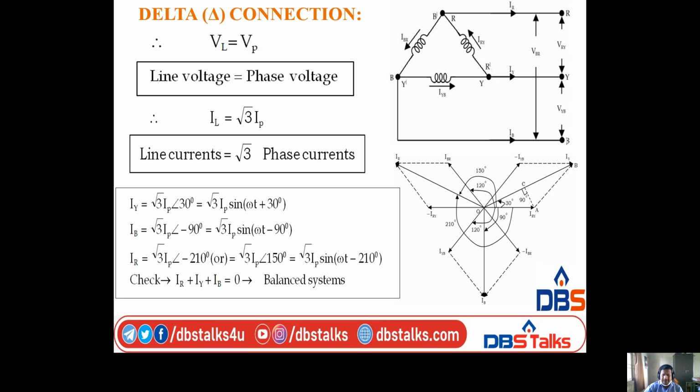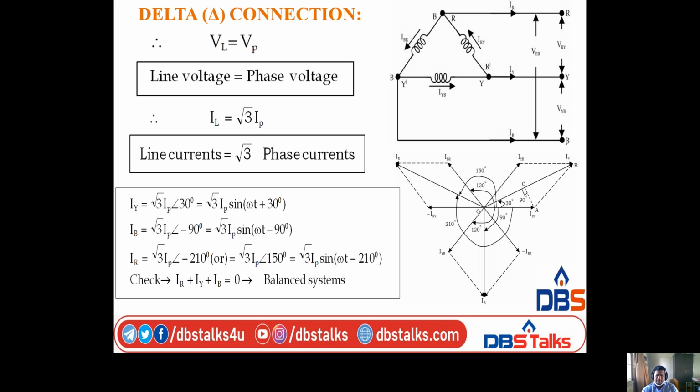Similarly, at B we are applying KCL, IBR is incoming and IYB and IB will be outgoing. So from those equations, I line square is equal to I phase square plus I phase square plus 2 I phase square cos 60 degrees. From that we are getting line current is equal to root 3 phase current.